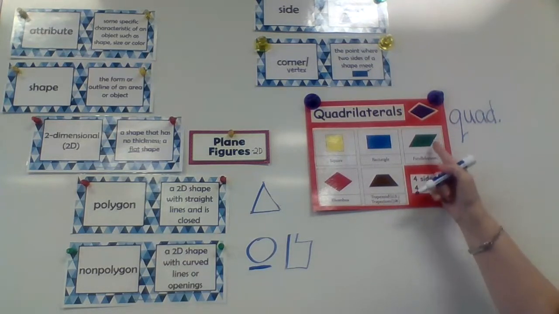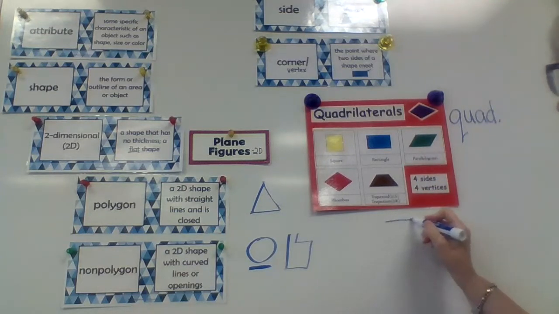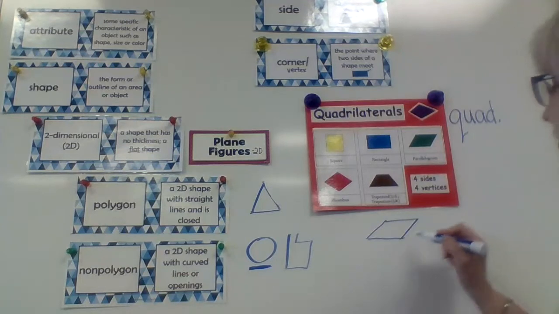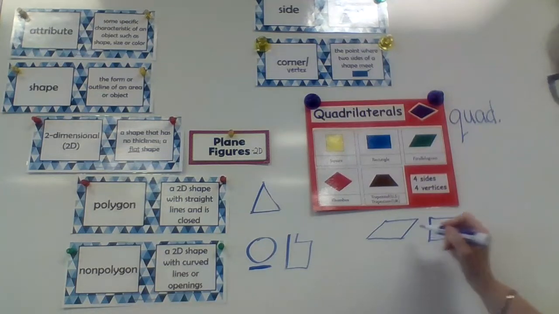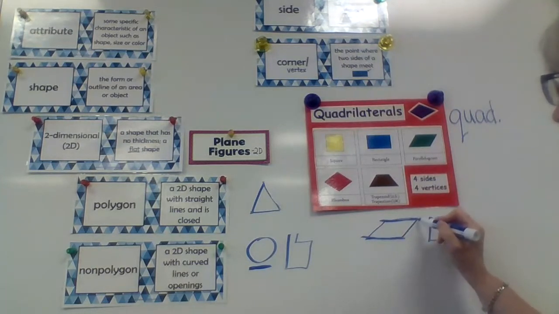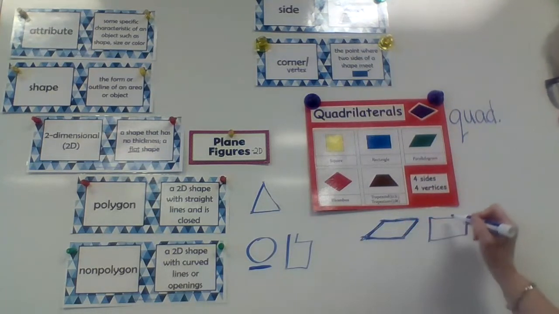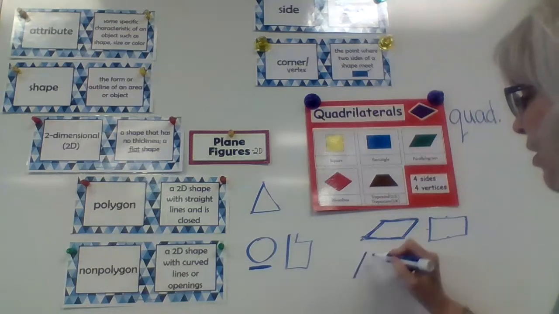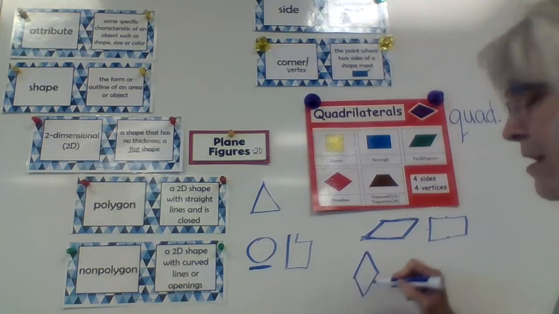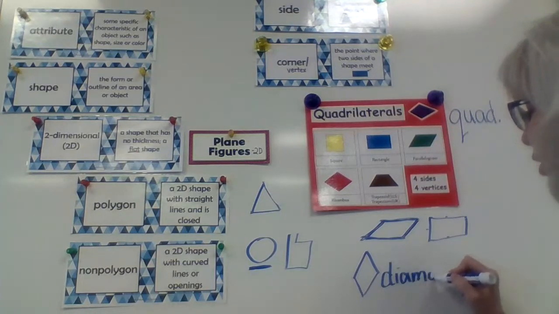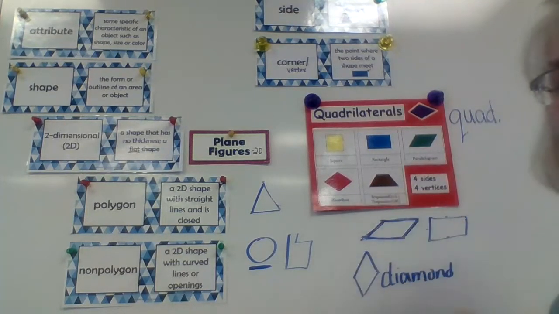sides, 4 corners, and a parallelogram is, to me, kind of like a rectangle with slanted sides. See how it is longer. The 2 parallel sides are longer, and then these 2 parallel sides are shorter, just like a rectangle, 2 long, 2 short. Okay, then a rhombus, and a lot of times if you turn a rhombus this way, the word that we use a lot for this is a diamond, but the true math word is a rhombus.